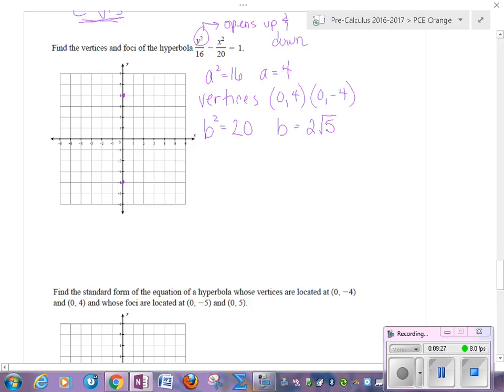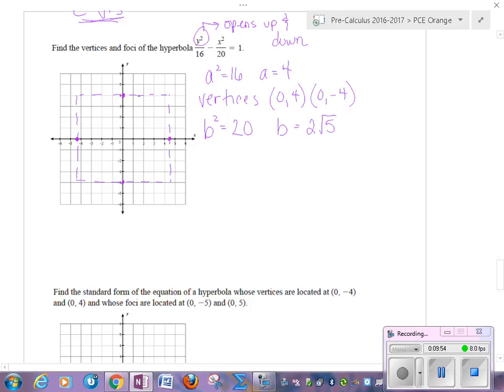So I would go left and right a little more than 4. If we go ahead and draw in our rectangle, you're going to notice that we're not completely exact here because we have an estimated value for our b value, but that's okay.